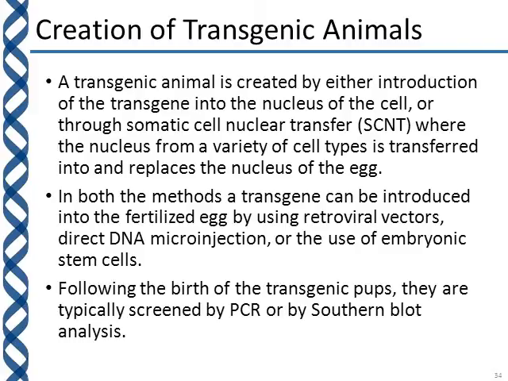In both these methods, a transgene can be introduced into the fertilized egg using a retroviral vector, or direct DNA microinjection, or the use of embryonic stem cells. Following the birth of the transgenic pups, they are typically screened by PCR or by Southern blot analysis.